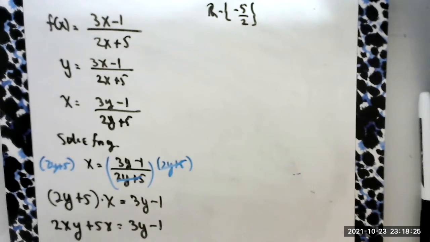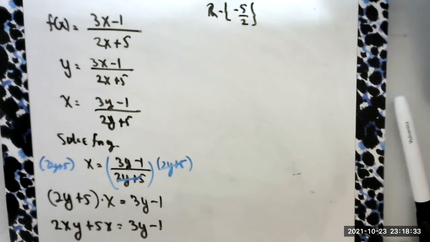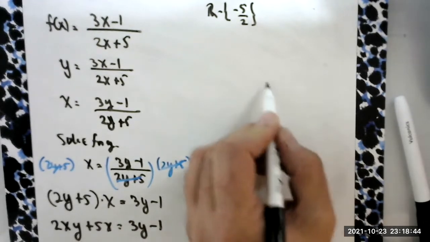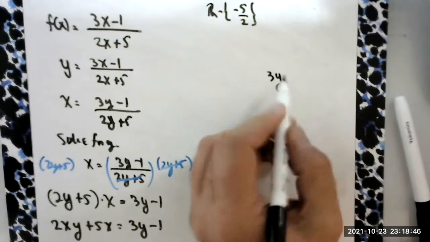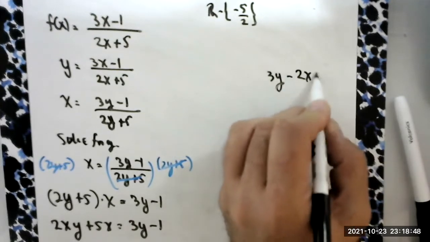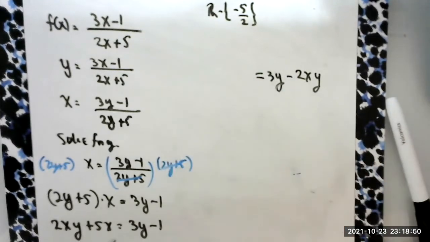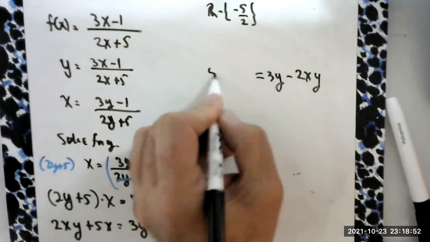So in this example, I prefer to have my y's on the right-hand side, just to avoid all the negative terms. So I have 3y minus 2xy equals 5x plus 1.